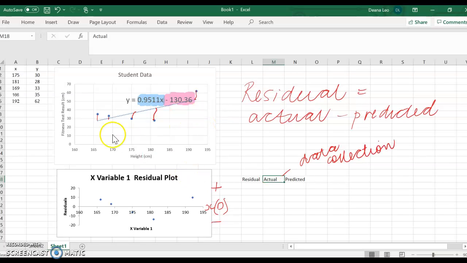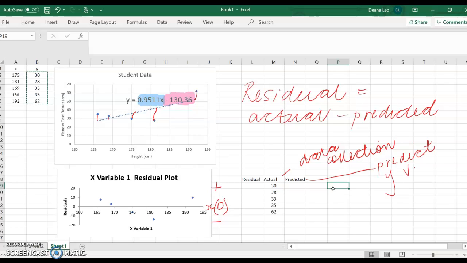So we are just going to put in our actual y results. And we're trying to predict our y values.